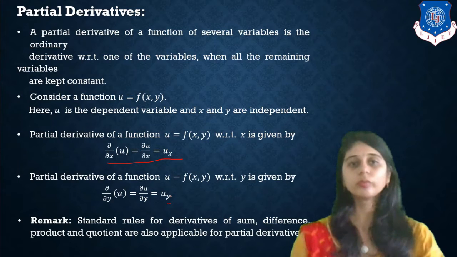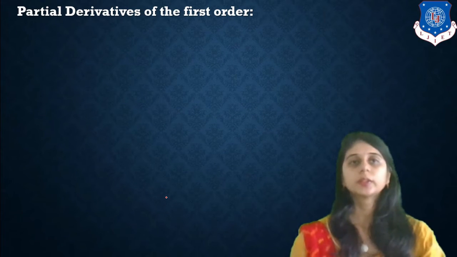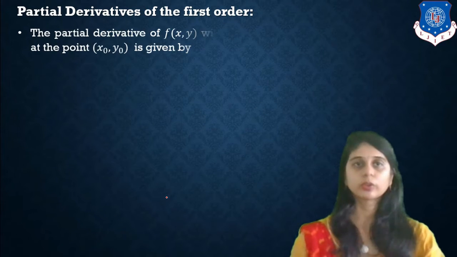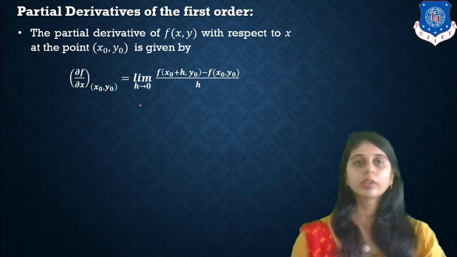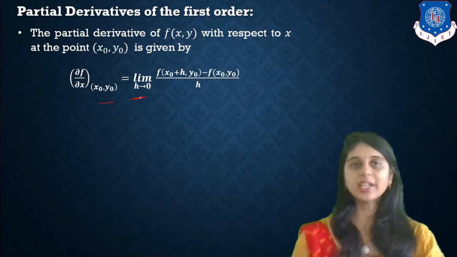Remark: the standard rules for the derivative of a sum, difference, product and quotient are applicable for the partial derivative. Partial derivative of the first order: the partial derivative of f of x, y with respect to x at the point x0, y0 is given by del f by del x at x0, y0, equal to the limit as h tends to 0 of f of x0 plus h, y0 minus f of x0, y0, upon h.